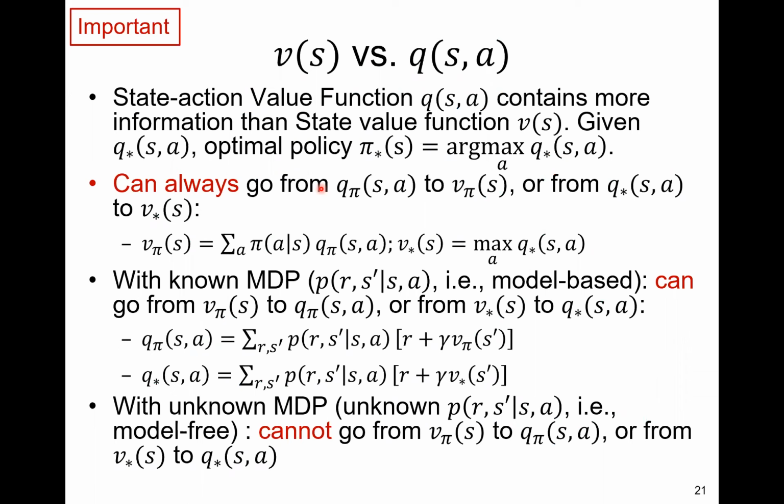Therefore, once you have the Qs, you can always get the Vs, but not vice versa. You can only get the Q from the V if you have the MDP model, that is model-based RL. If you have model-free RL without the MDP model, then you cannot get the Q from the Vs.